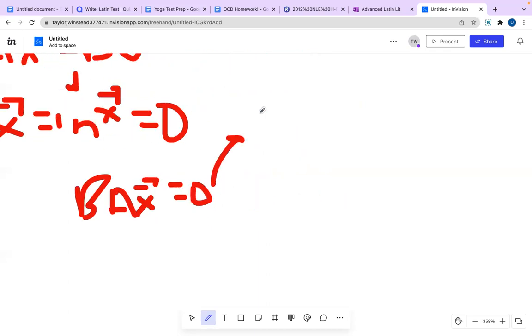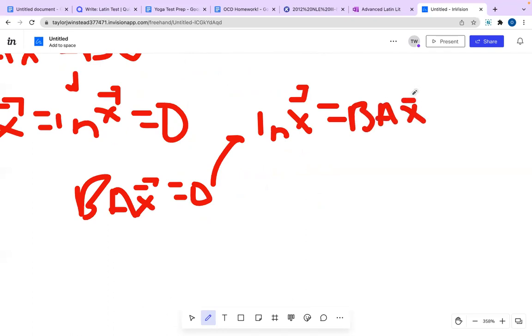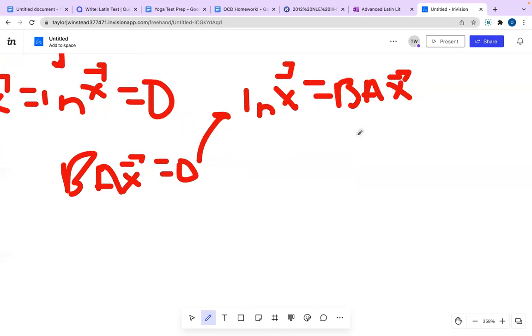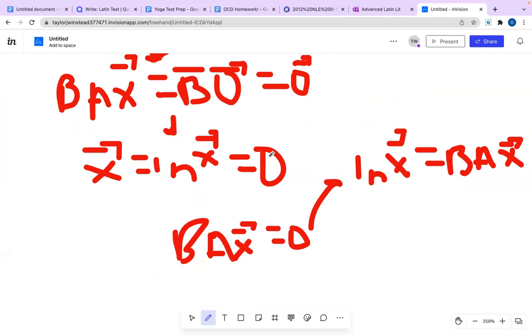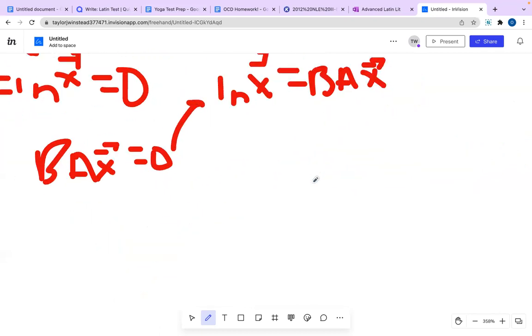So that means that this is equal to that, which means that A is invertible because X is 0. Obviously, we just proved that. We pointed out that we can say this equals 0. And from there, we can logically say that B is the inverse of A, and so inverse B is A.